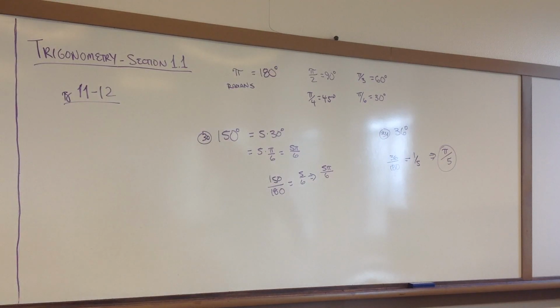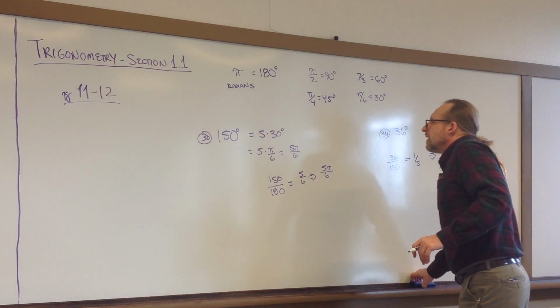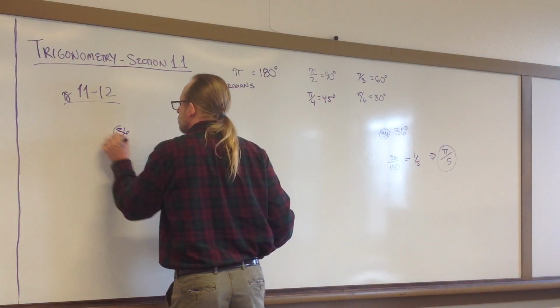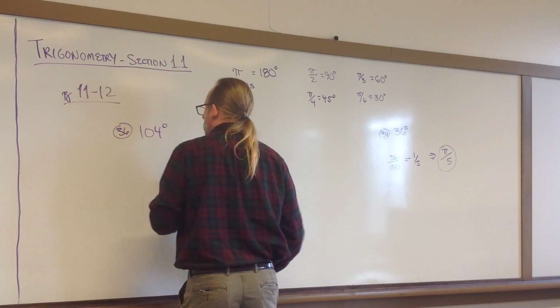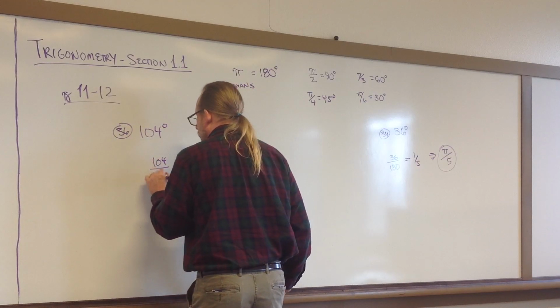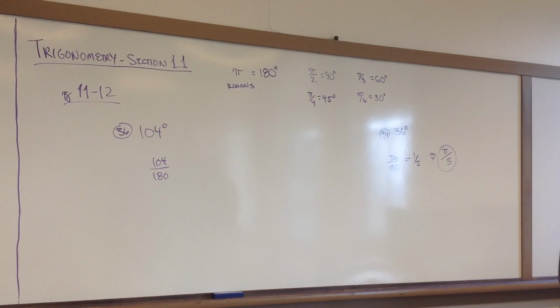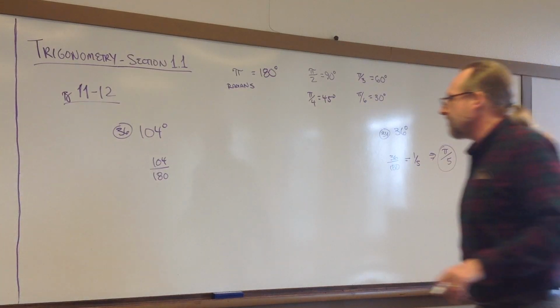All right, let's look at one more. Problem 36 is 104 degrees. And so let's do the same thing. 104 over 180. And let's see what we get here. 26 over 45.